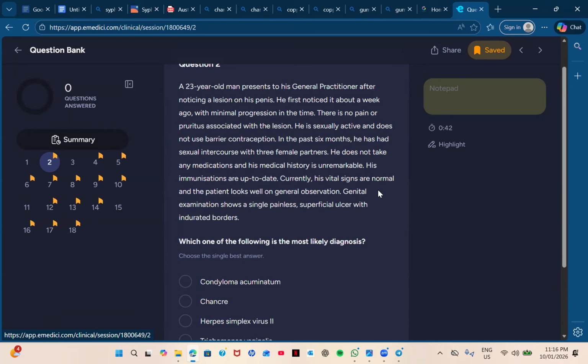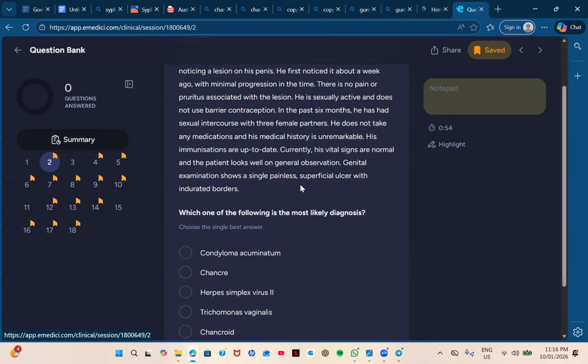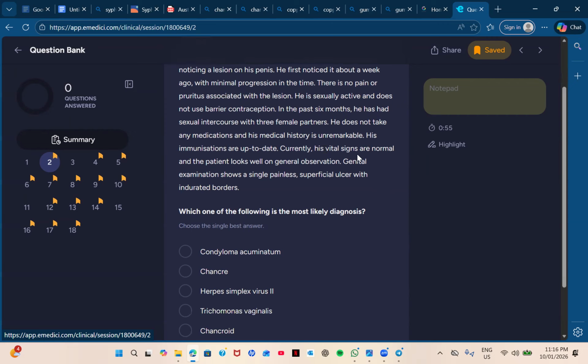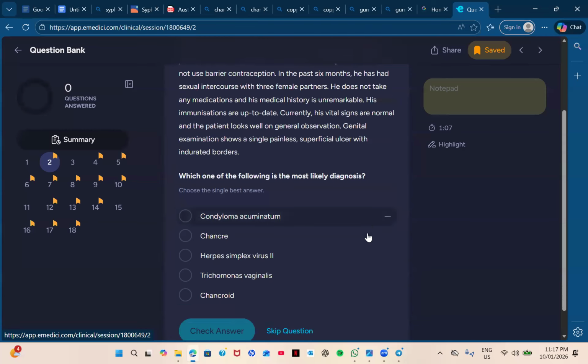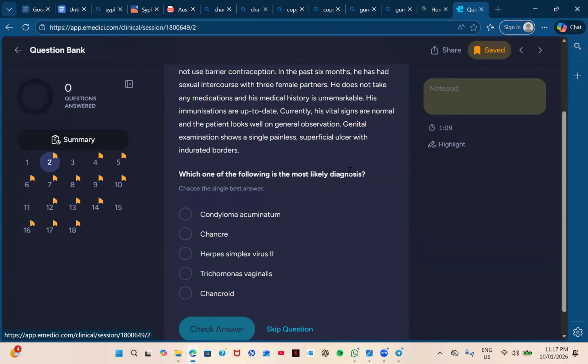In the past 6 months, he has had sexual intercourse with 3 female partners. He does not take any medication and his medical history is unremarkable. His immunizations are up to date. Currently, his vital signs are normal and the patient looked well on general observation. General examination showed a single, painless, superficial ulcer with indurated borders. Which one of the following is the most likely diagnosis?